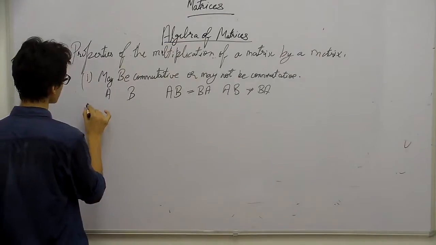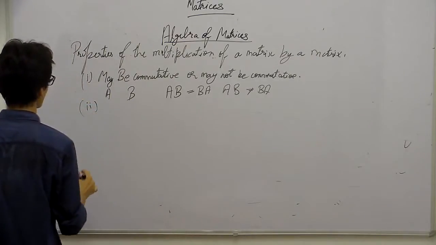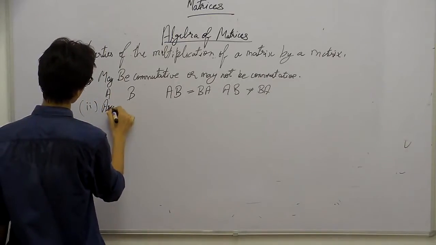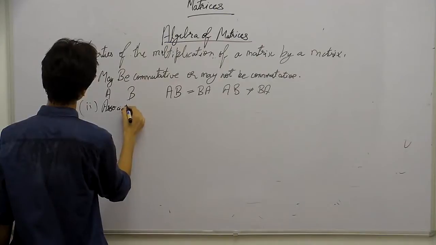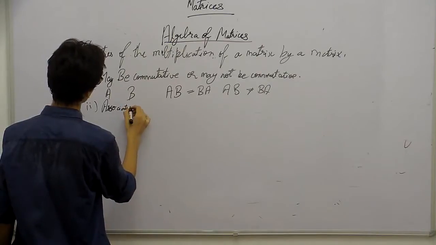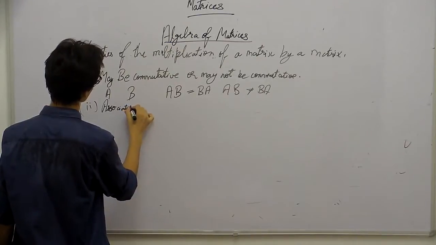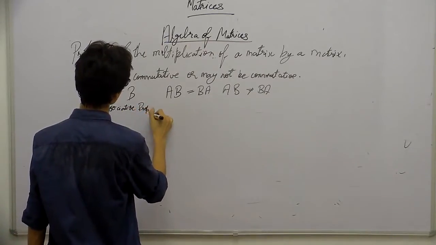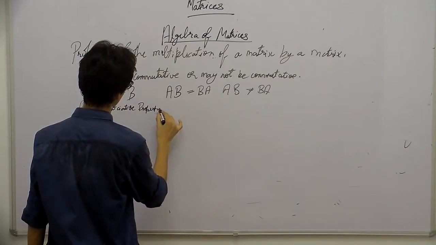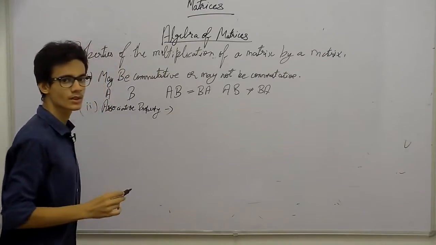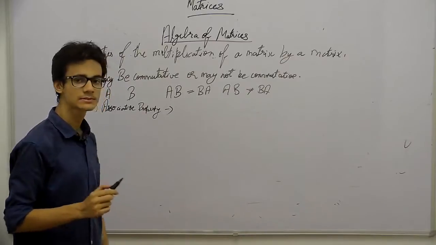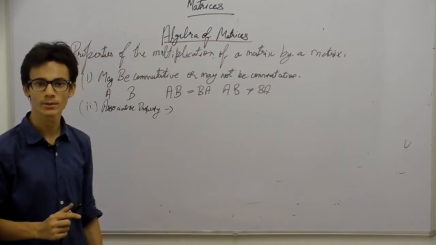The second property is the associative property. Whenever matrices are multiplied together, they follow the associative property.